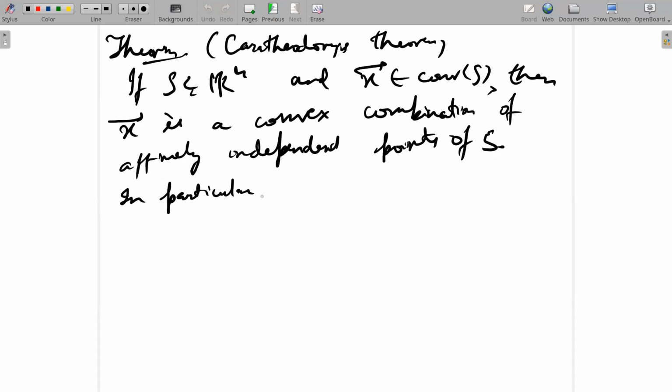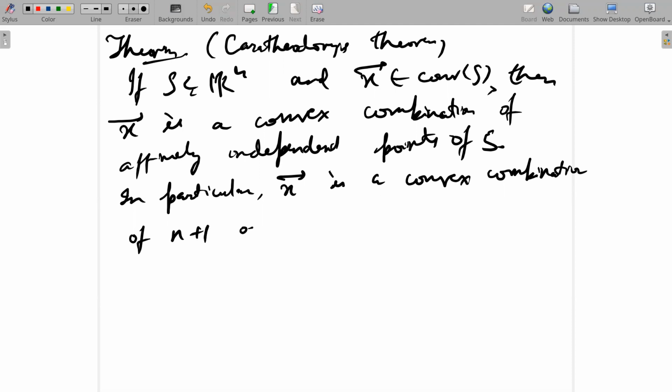So in particular, X is a convex combination of n plus 1 or fewer points of S.